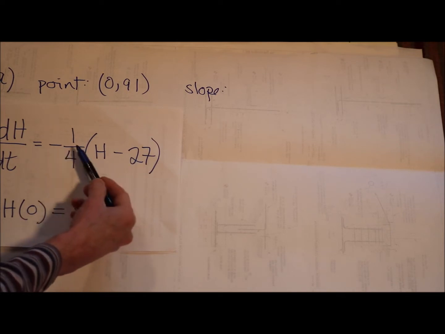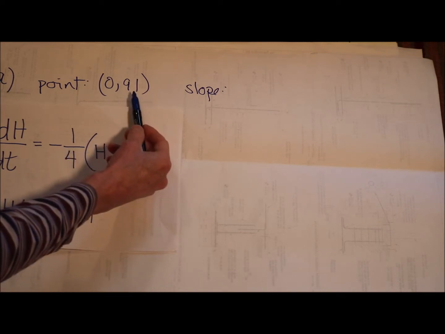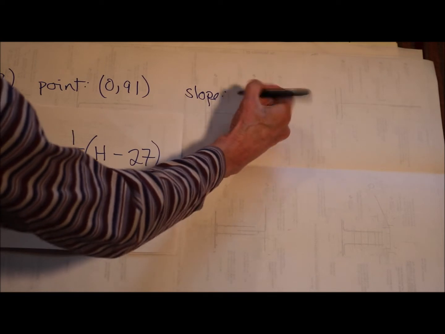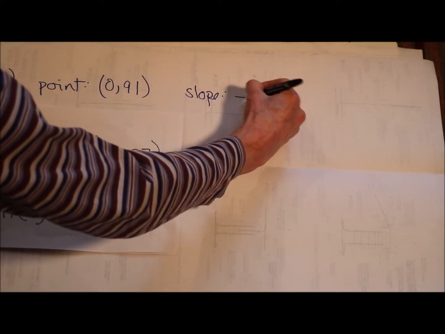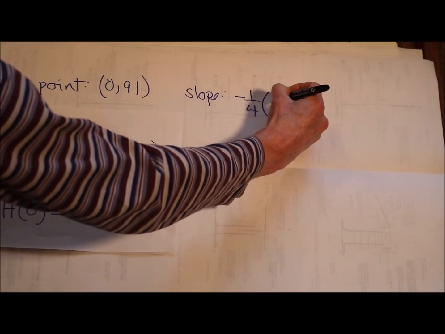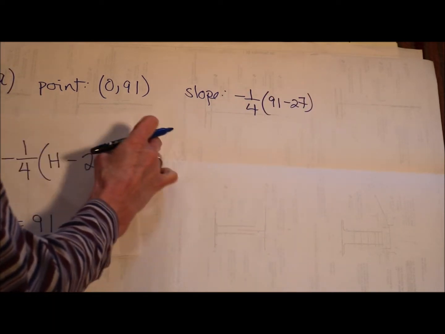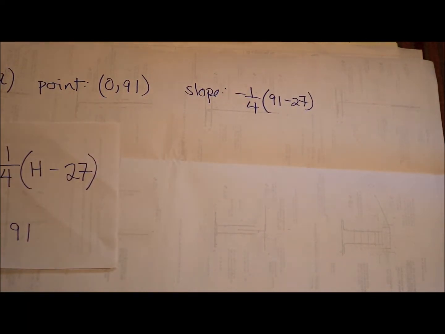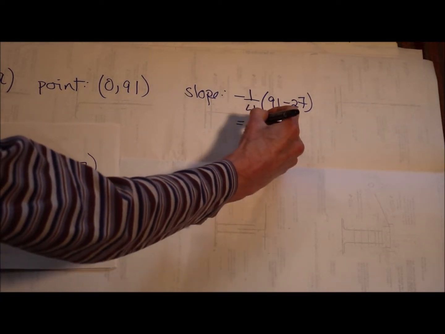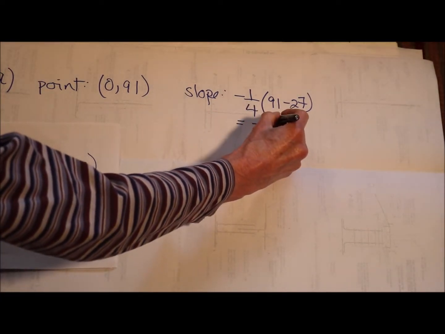So all I have to do is replace the h with 91, and I have my slope at this point. So it's negative 1/4 times 91 minus 27. And that gives me negative 16.